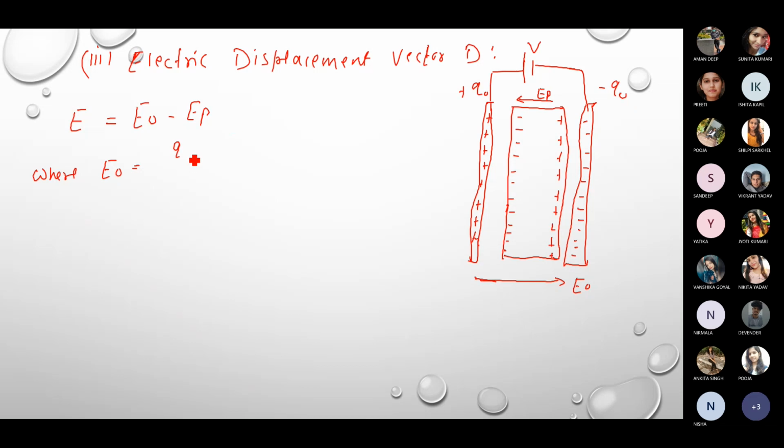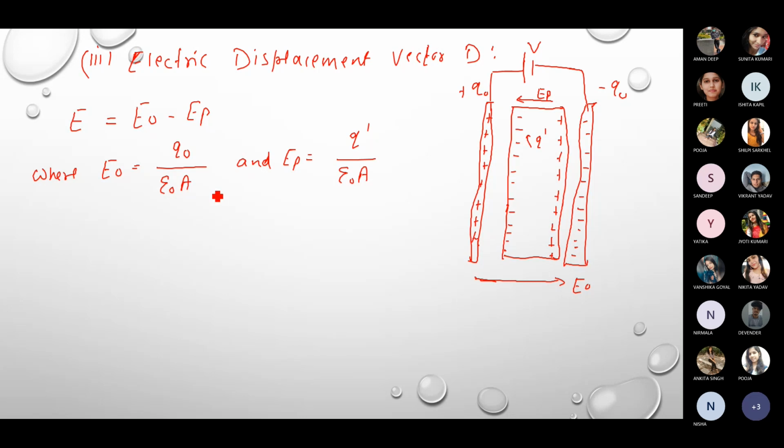For convenience, I have just denoted it like this. So E naught is equal to Q naught divided by what? Epsilon naught A, right? And what is EP? EP is the induced field. So induced field is equal to what? Induced field is equal to Q dash. Let us say Q dash. This charge is Q dash, induced charge. So this is induced charge divided by epsilon naught A. Okay.